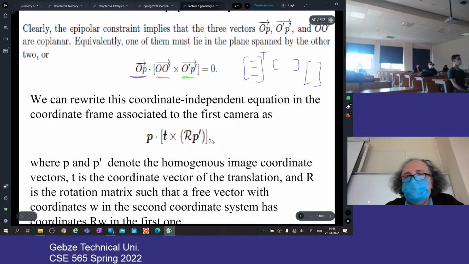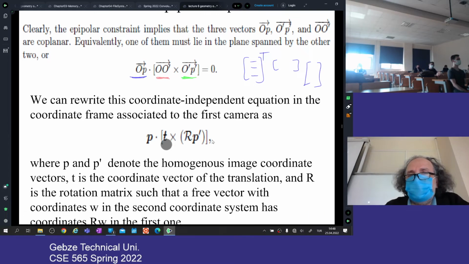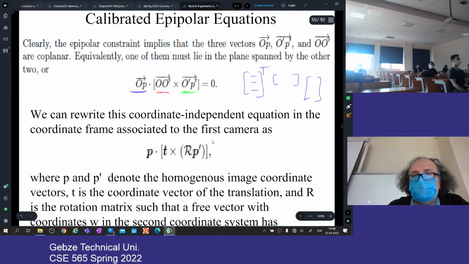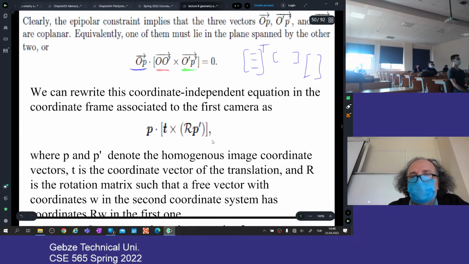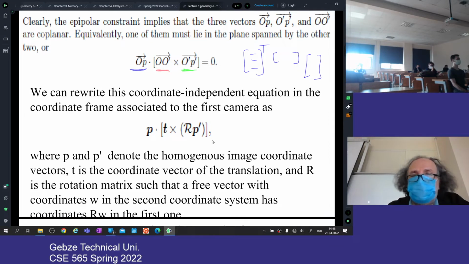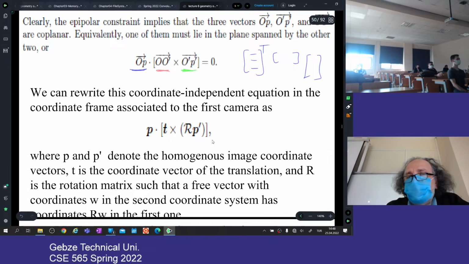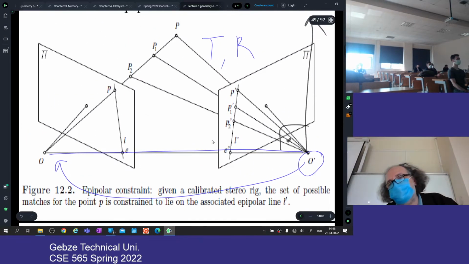So I'll say that this T is of course this baseline. I am going to represent this T as a cross product version of it, as a skew symmetric representation of T. P is already what I know. R times P prime is the rotated version of this point here.